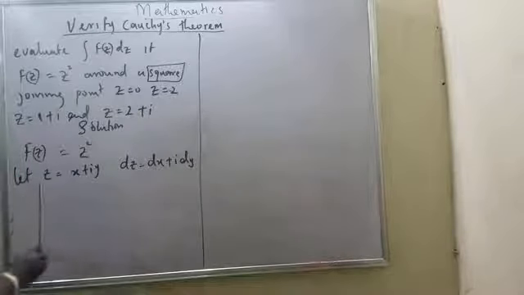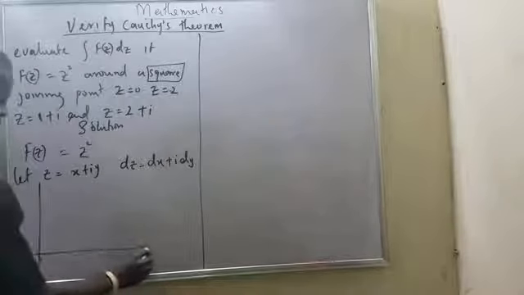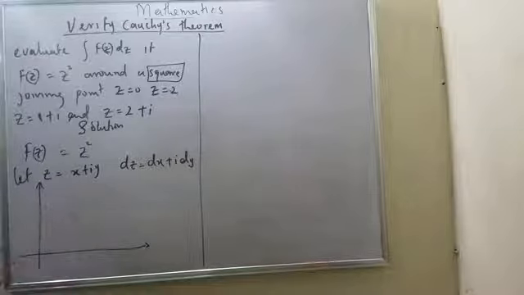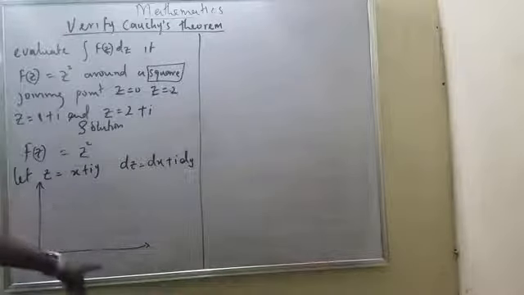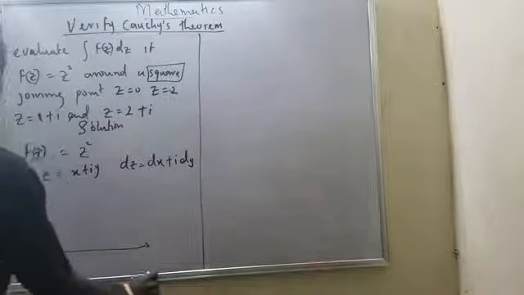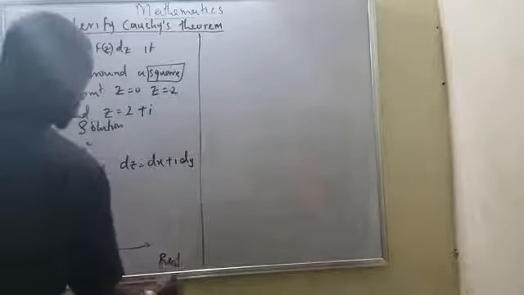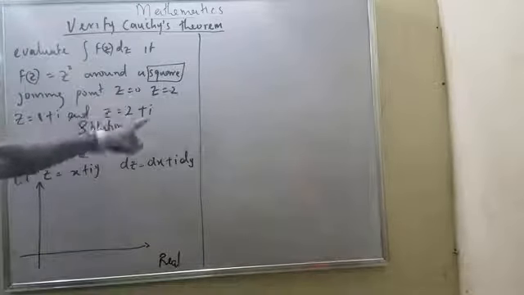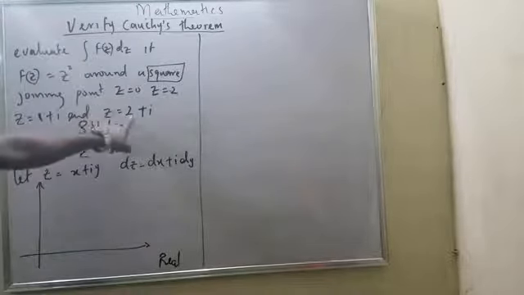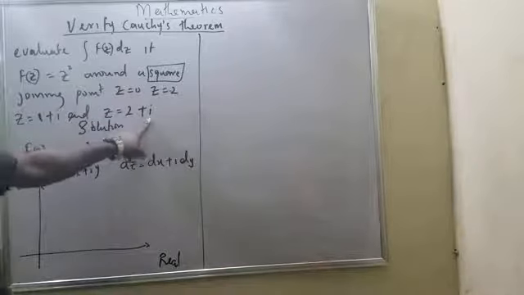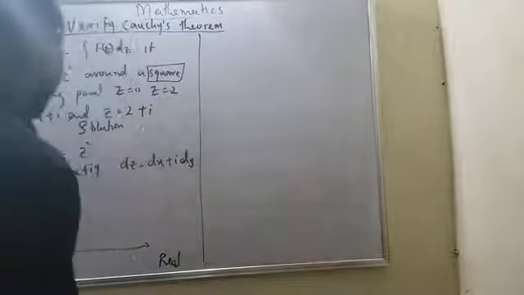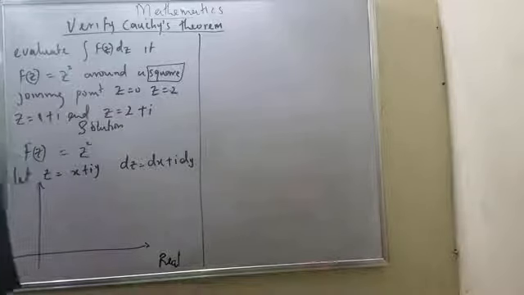It means I'll be having a line, and I've told you earlier that this is our imaginary part, this is our real part. We all know that this 2 is real, while i is imaginary. And also, I'm having a square.